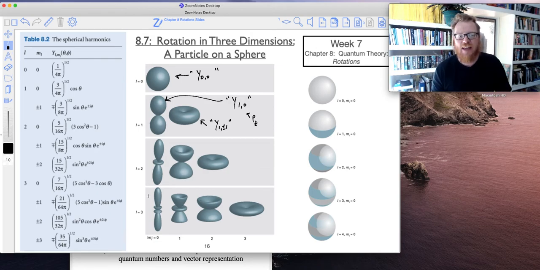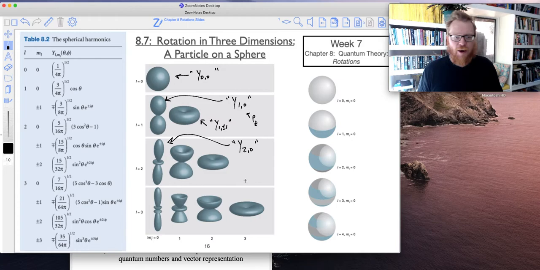We see the same thing with L equal to 2. So the y2,0 is right there, and it is a perfect dz squared orbital. That's what we call that thing. So then now the y2 plus minus 1 and the y2 plus minus 2, they kind of look like d orbitals, but not quite, because we have to deal with Heisenberg.